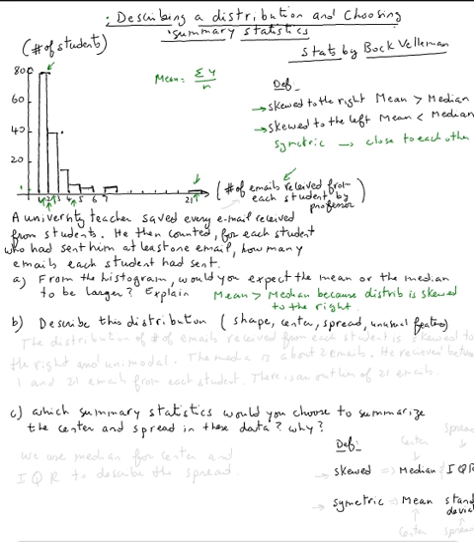Again, describe the distribution. So the shape: I always start with the variable, the distribution of number of emails received from each student by the professor is skewed to the right.